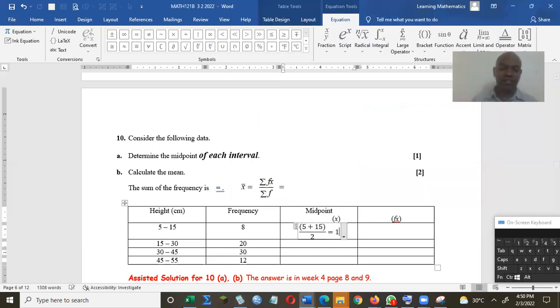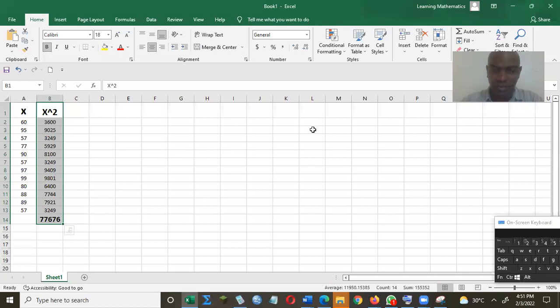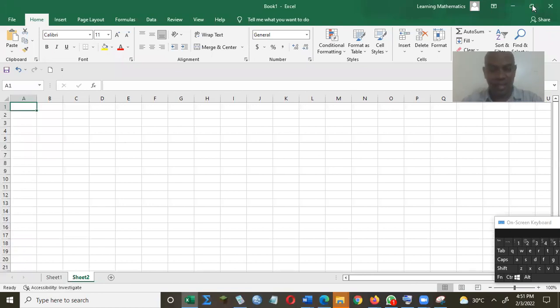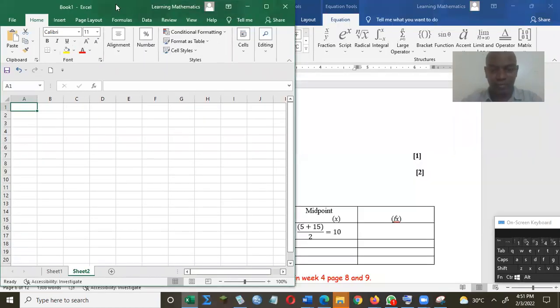Now this is doing it the old school way, the classical way. We're going to our faithful Excel. We go to a new sheet and then look at what you can do.